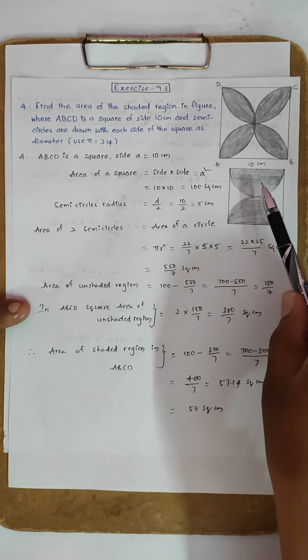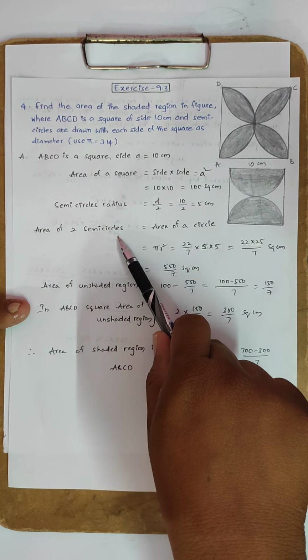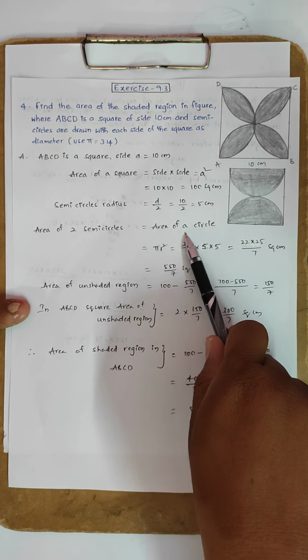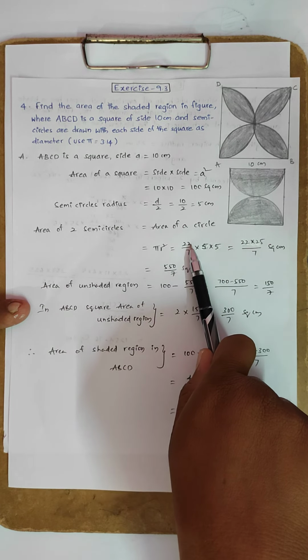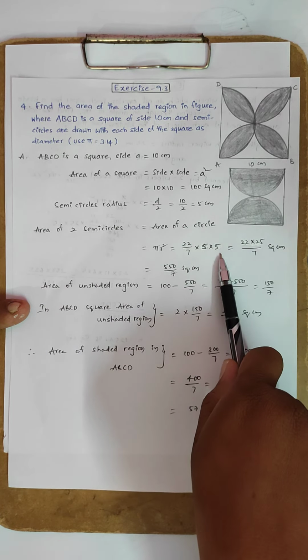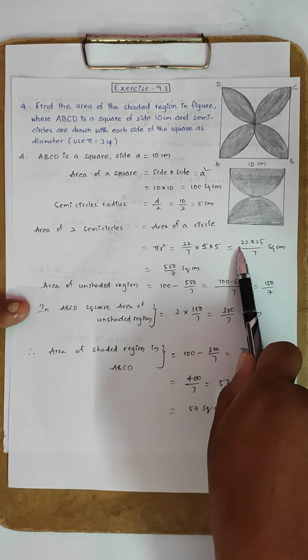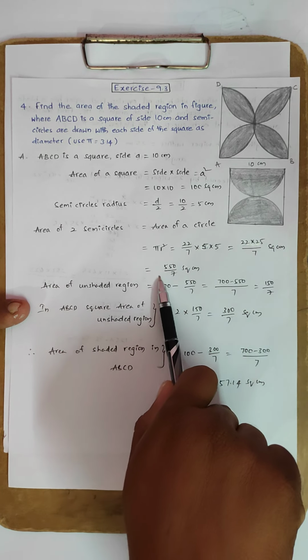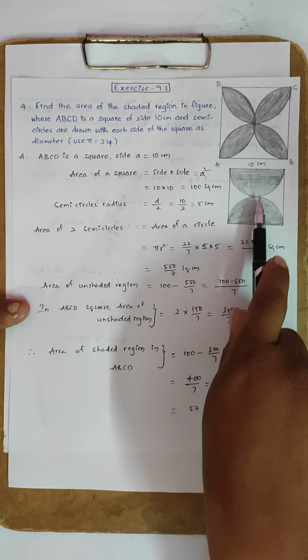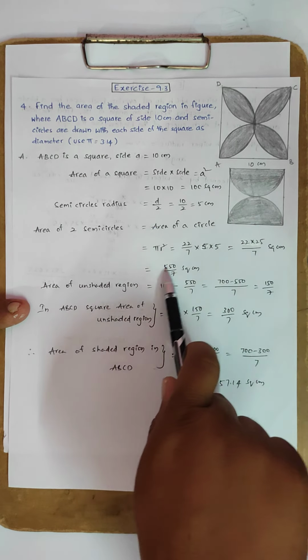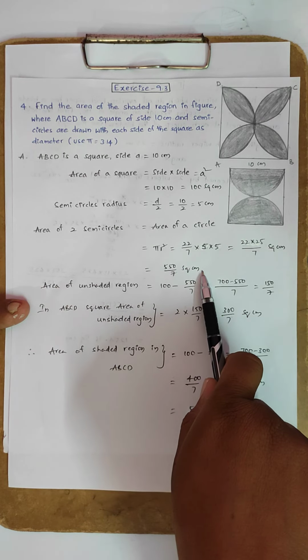These two make one circle. The area of two semicircles is equal to the area of a circle. So the area of a circle is pi r square, pi value 22 by 7, 5 into 5. 5 5s are 25. 22 into 25 by 7, 550 by 7 square centimeter. This means the area of this shaded part is 550 by 7 square centimeter.